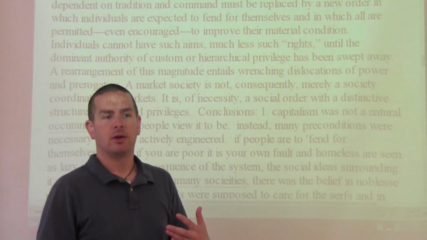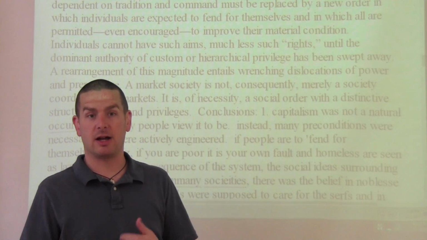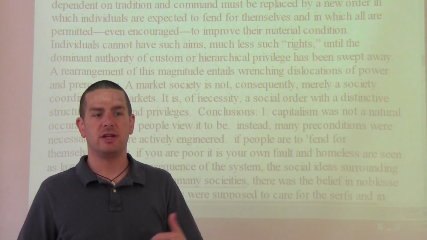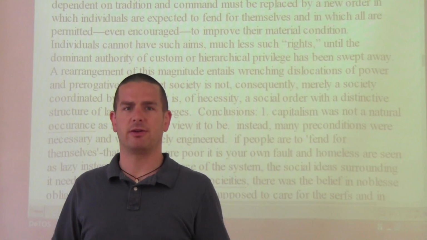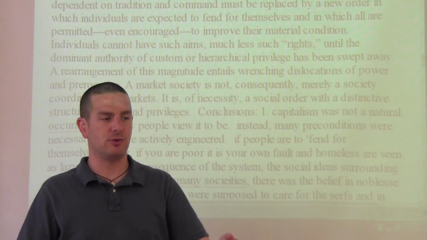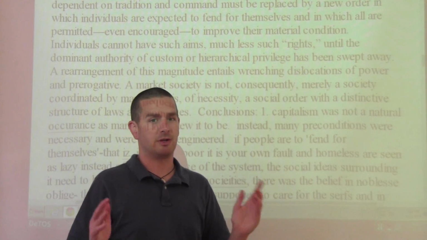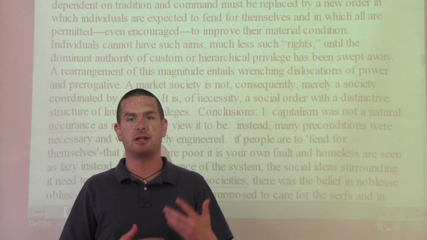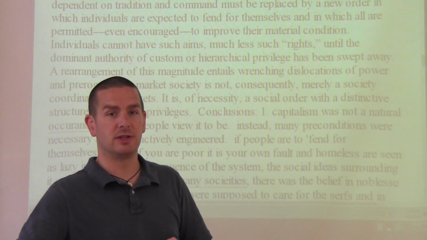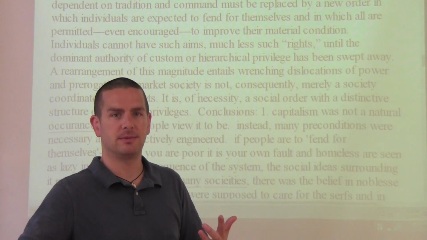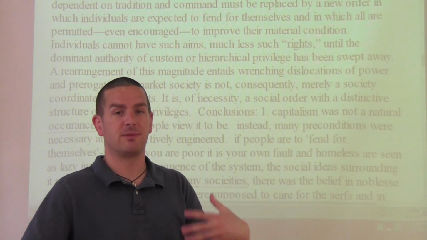Well, in capitalism, in order to get a market economy working, you need people to believe they have to fend for themselves, right? Everyone's on their own. If you can't get a job, that's too bad. You're going to starve. You have to make people think they have to fend on their own. So in feudalism, in a command economy, people didn't think they had to fend for themselves.